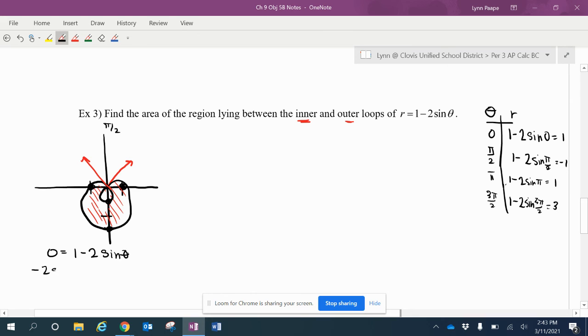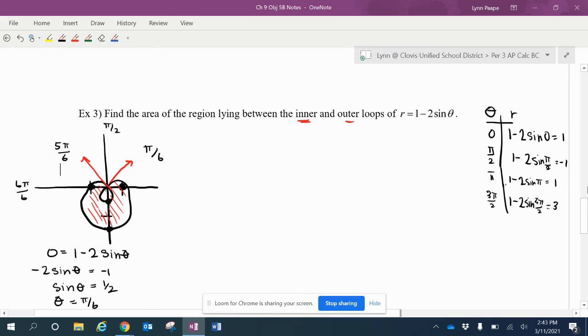So subtract 1 and divide by -2. So sine is equal to 1/2 at pi over 6. And then I also want to find the quadrant 2, because it's also positive there. So that would be 5 pi over 6.